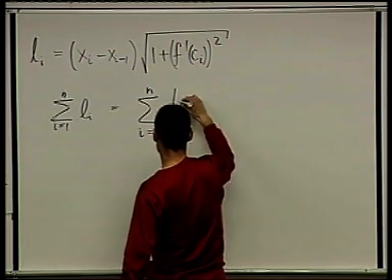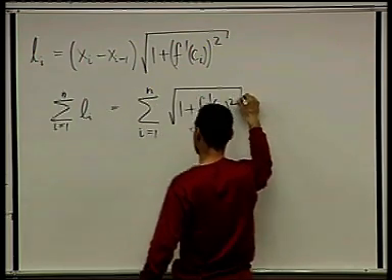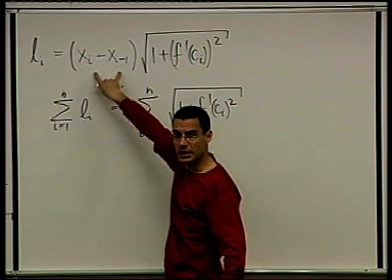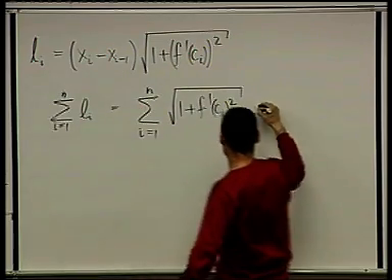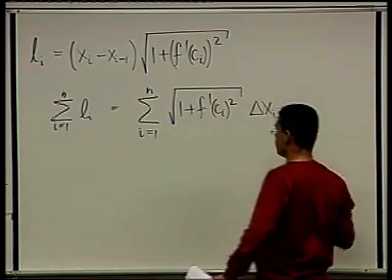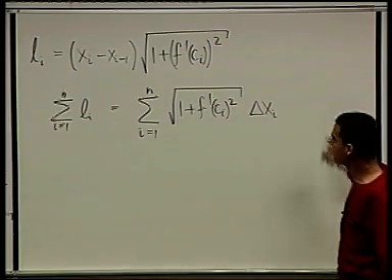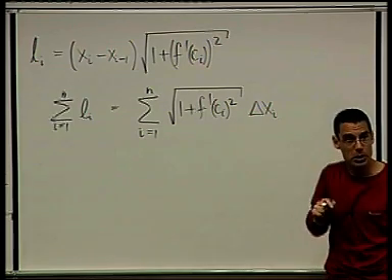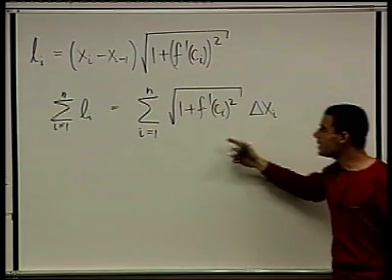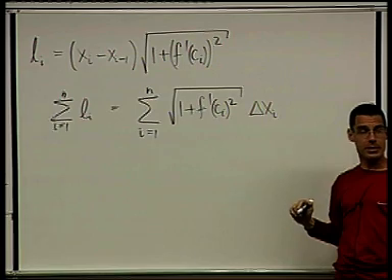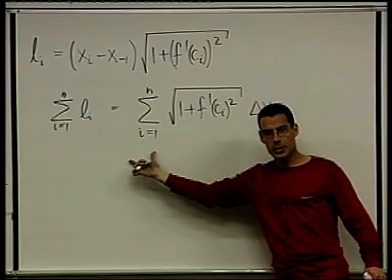So I'm going to write it as root of 1 plus f prime ci squared, times this thing. But what is this thing? Give me a different name for this, which we've used previously. Delta xi. Very good. This looks peculiarly Riemannish. Do you agree that this reminds us of a Riemann sum? There's the delta xi's, there's the sum, i equals 1 to n.